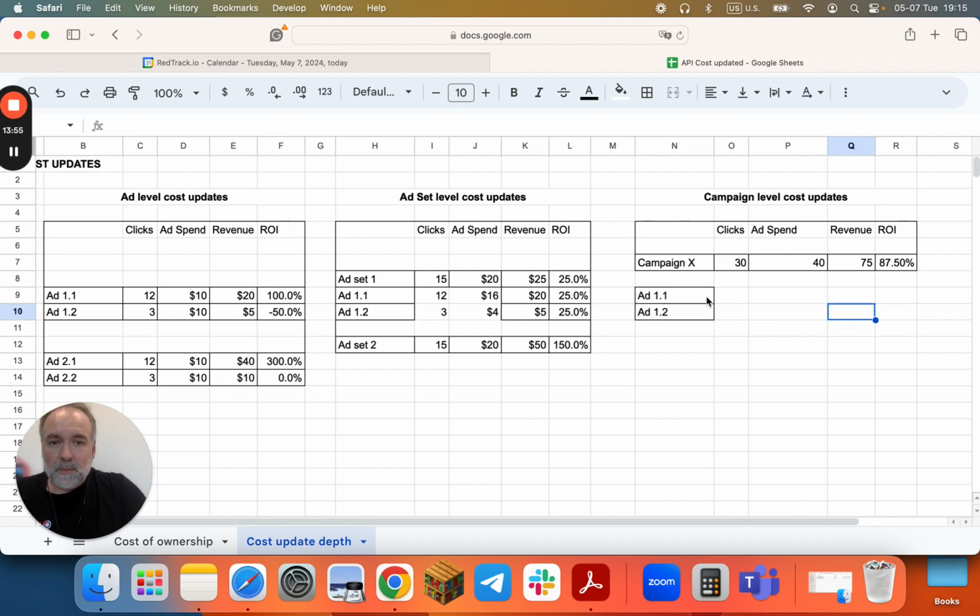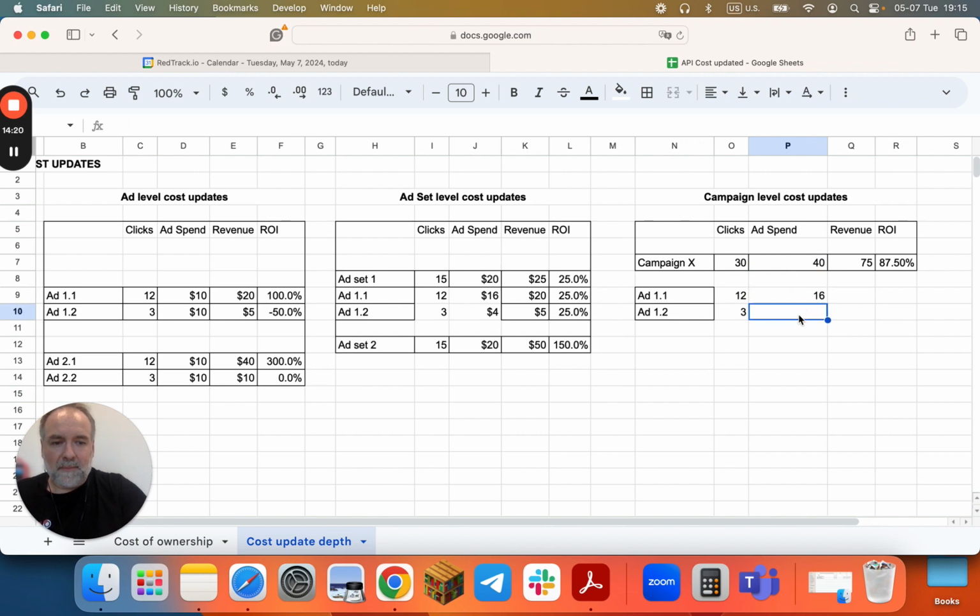Let's do the same math. So what will it give us? It will still have 12 clicks. This one will still have 3 clicks. Now the ad spend will be 40 divided by 30, and then, hold on, not 30 but this one, and multiply by the number of clicks.